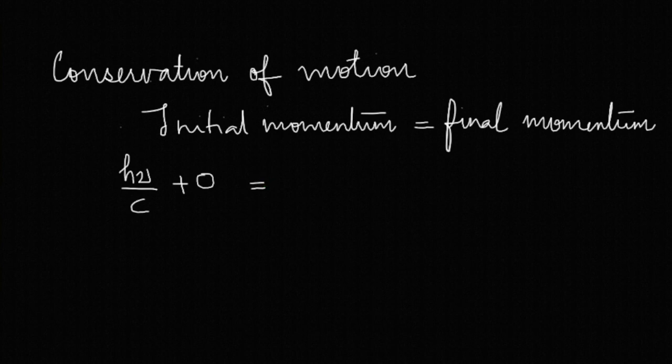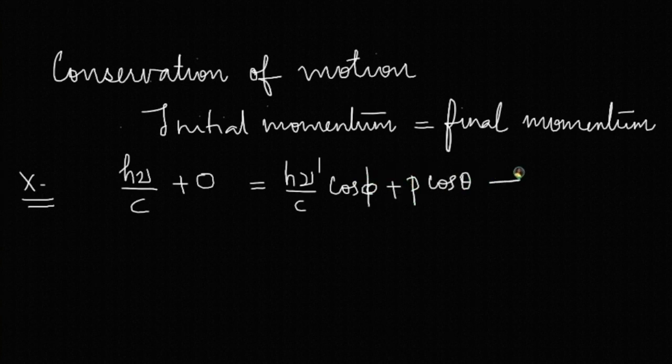We had components in both the x direction and the y direction, so we first go for the x direction, or you can say the original photon direction. So h nu by c plus 0 is in the x direction, and the momentum after collision in the x direction will be h nu prime by c cos phi plus p cos theta. Let this be equation number 1.